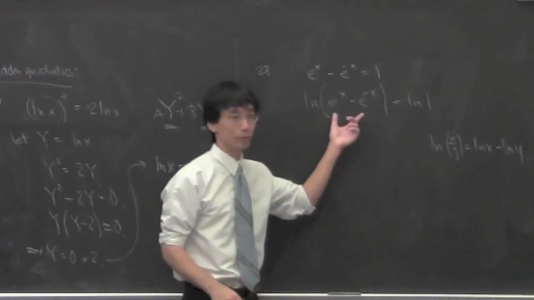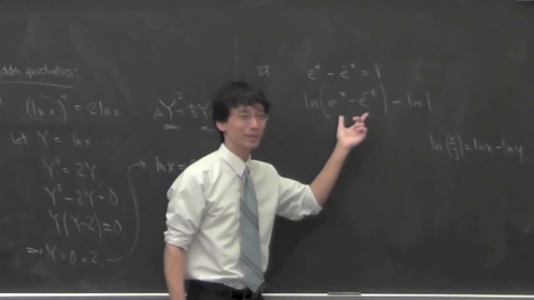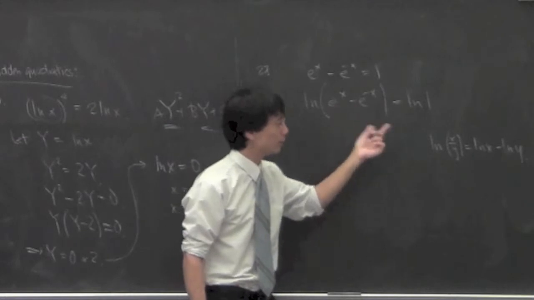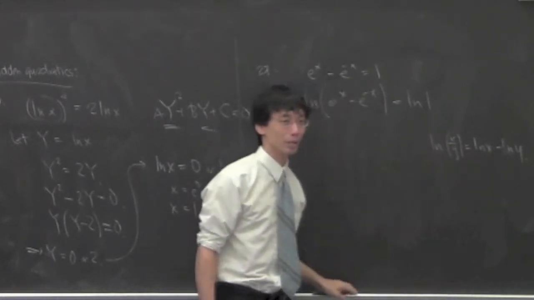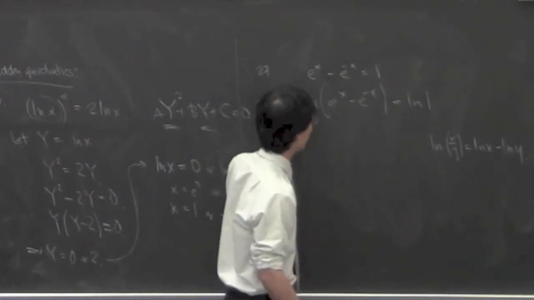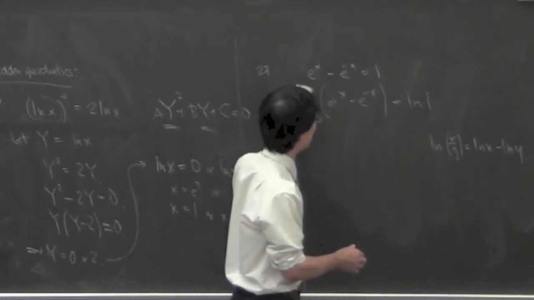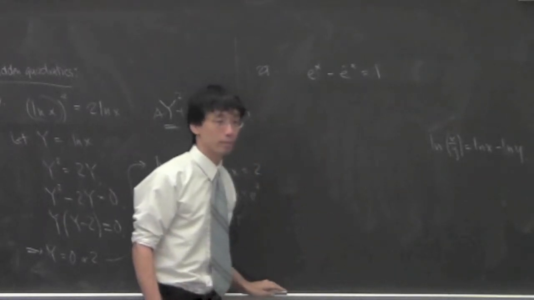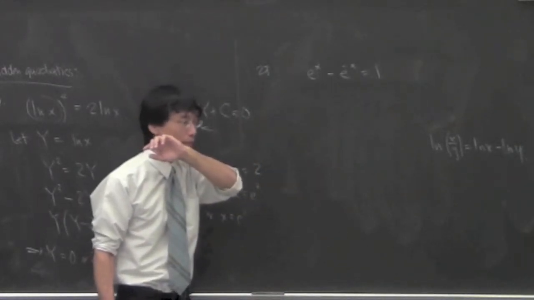But here, you committed one of the errors. This is the natural log of the difference, not the difference of the natural logs. So you invoked a property that this thing doesn't have, unfortunately.